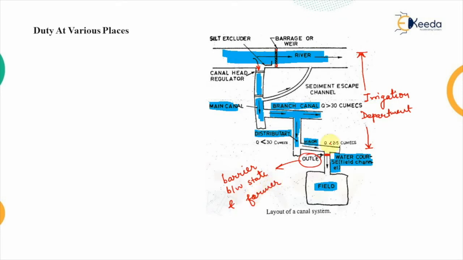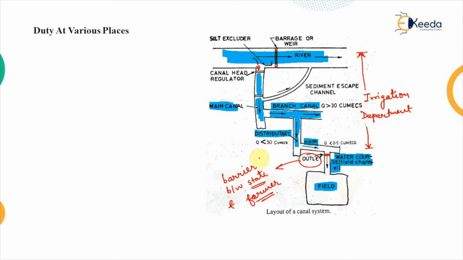So after this, the farmer will be free to take the water from this minor distributary or from this water course with the help of certain channels which will be constructed or installed by the farmer himself. Till the outlet point, all the construction was done by the respective state governments.